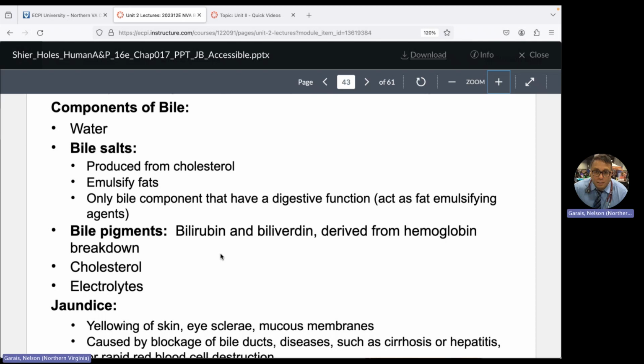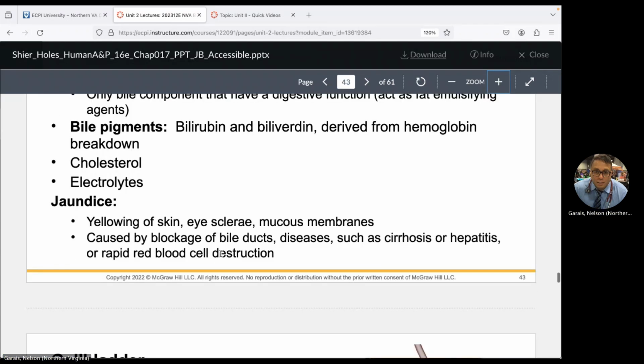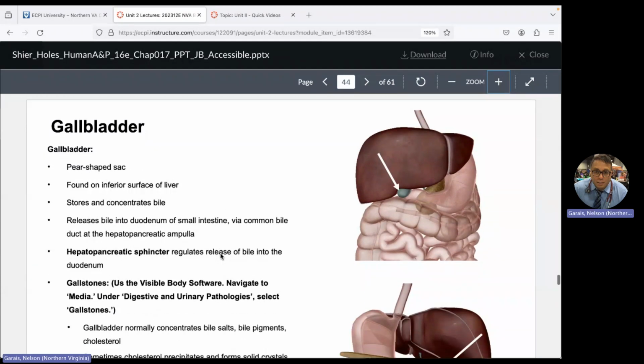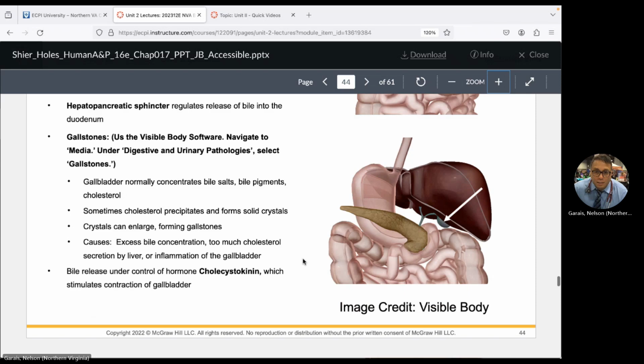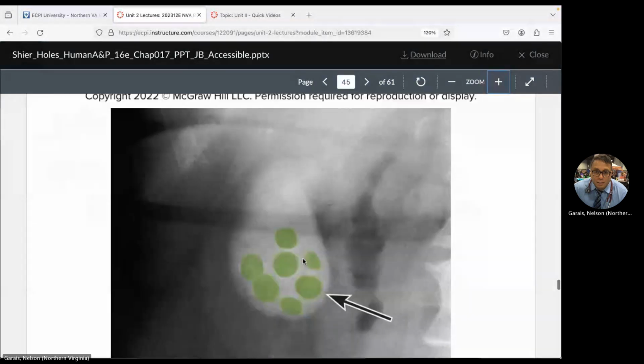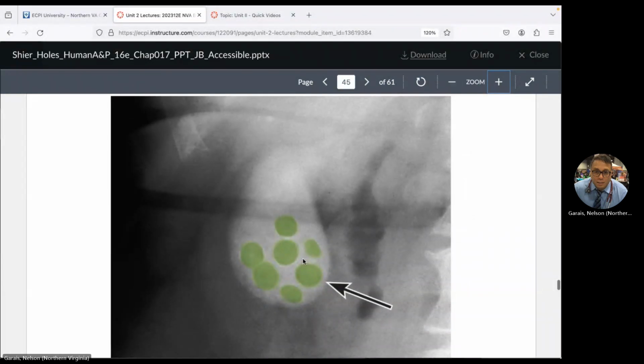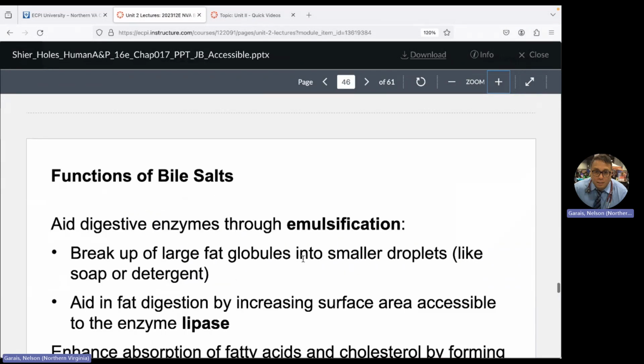And there's a slide of it further down here. Gallbladder, remember, storage and secretion of bile. Okay, that's gallstones. Again, we're not going over pathology, just the normal anatomy and physiology.